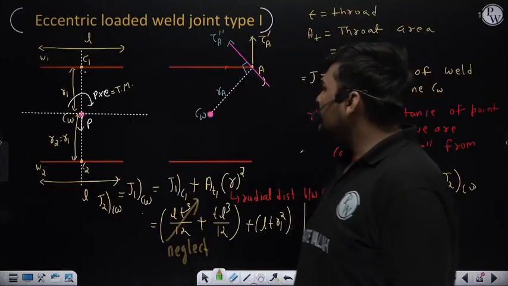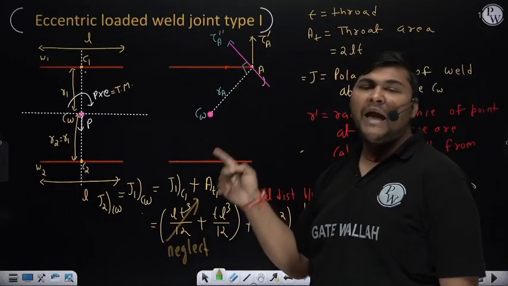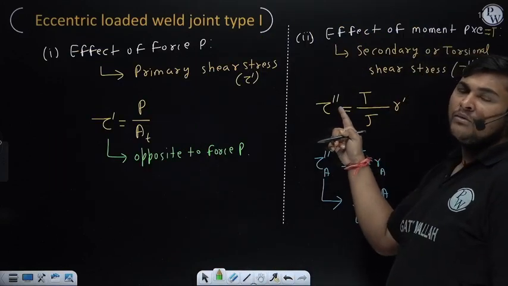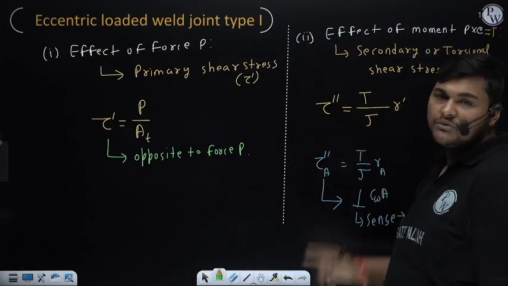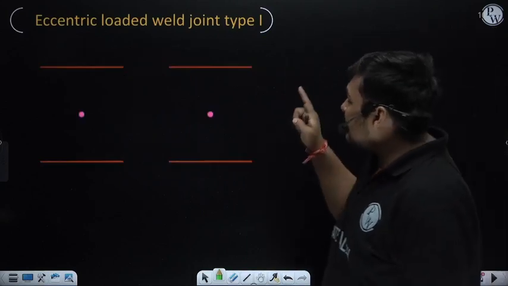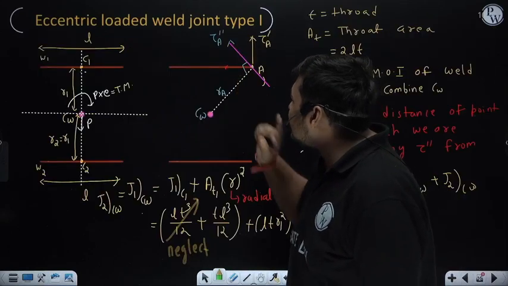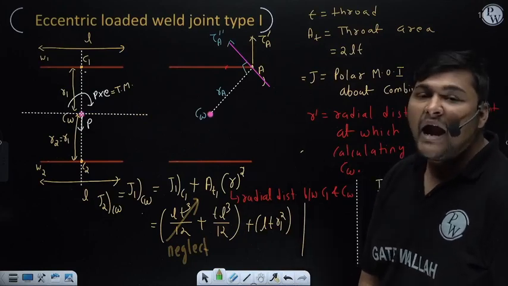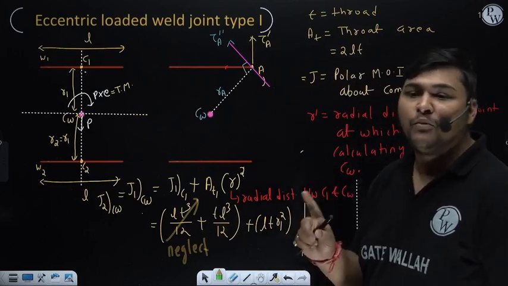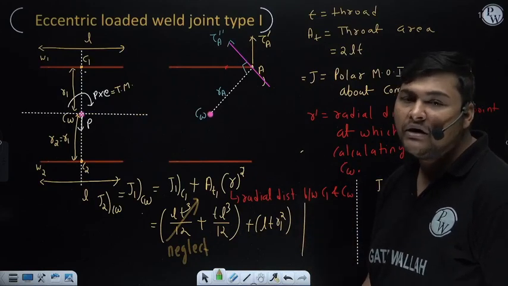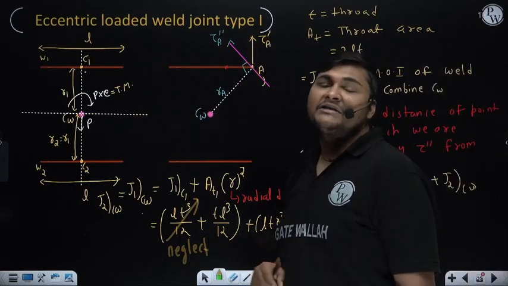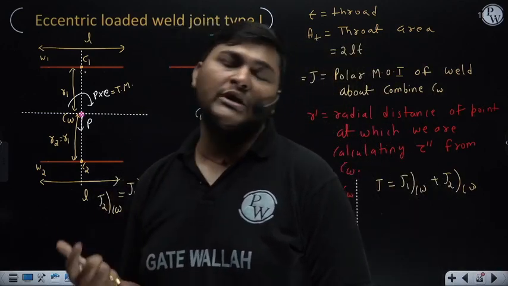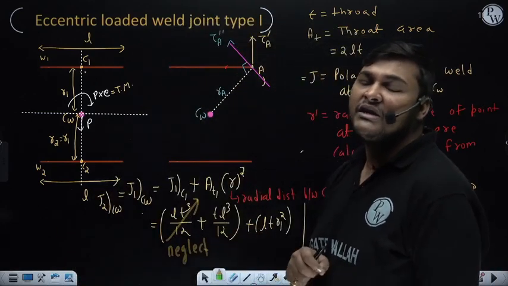Okay, in a similar manner you can draw the direction of secondary shear stress at any point, and you can find the value of secondary shear stress at any point of this weld by using this formula. Now here you can see both primary and secondary shear stress are shear, and since the nature of both stress is the same, both are shear and coming at the same point, so due to this primary and secondary shear, resultant shear will be induced at point A. So due to this, resultant shear stress will be induced.